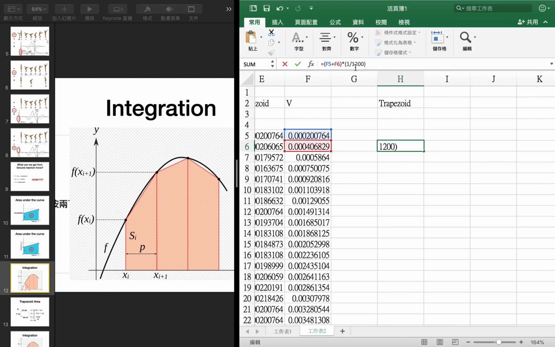We have 1200 data points per second, so one interval will be 1 over 1200. Then we divide by 2. That'll be the trapezoid area.